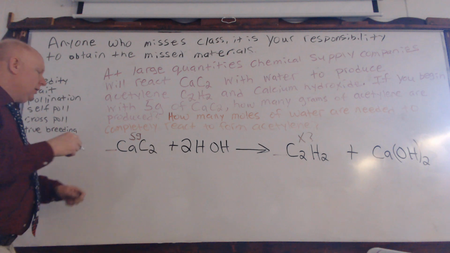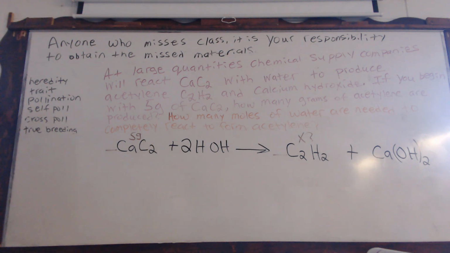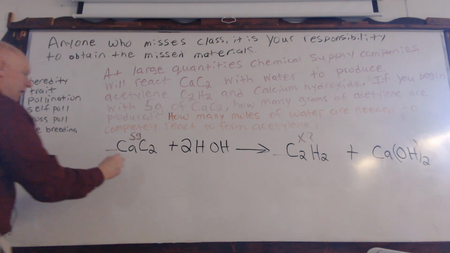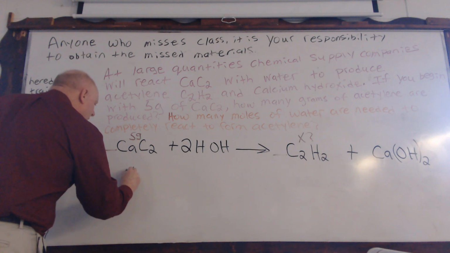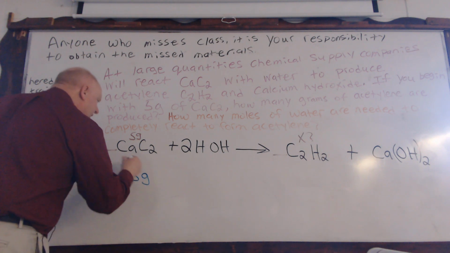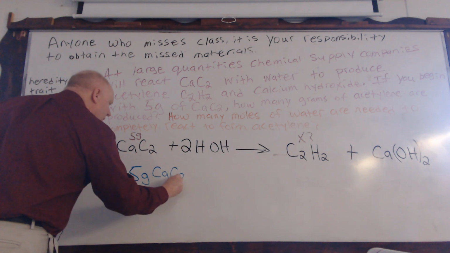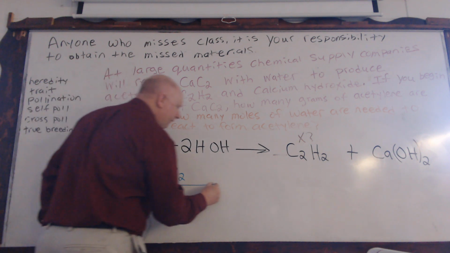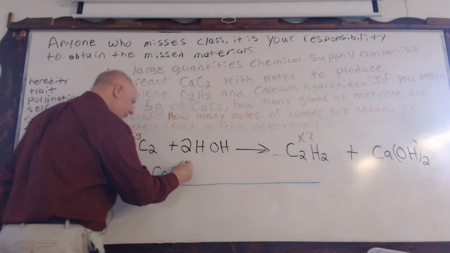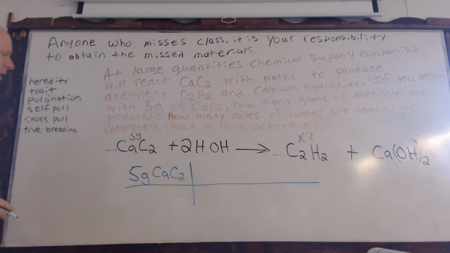Okay, so to start this out then, we've got 5 grams. And this isn't such a big compound to write out. So how do we get rid of this grams in our next step?